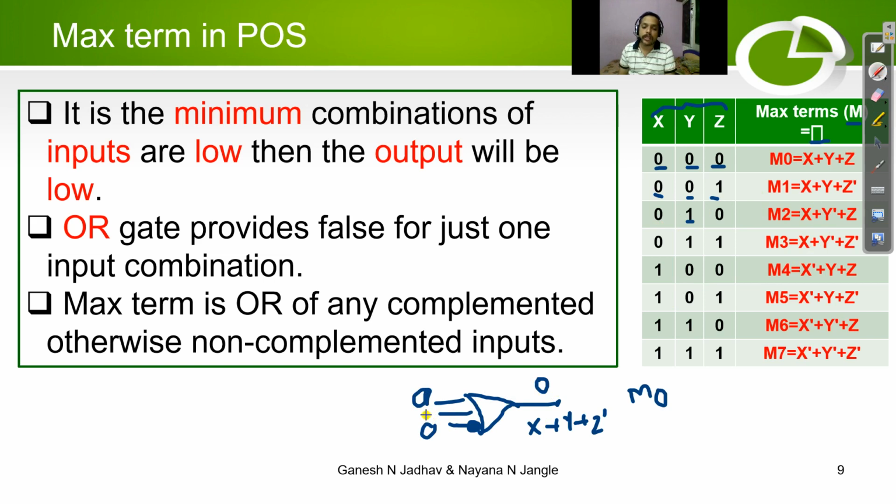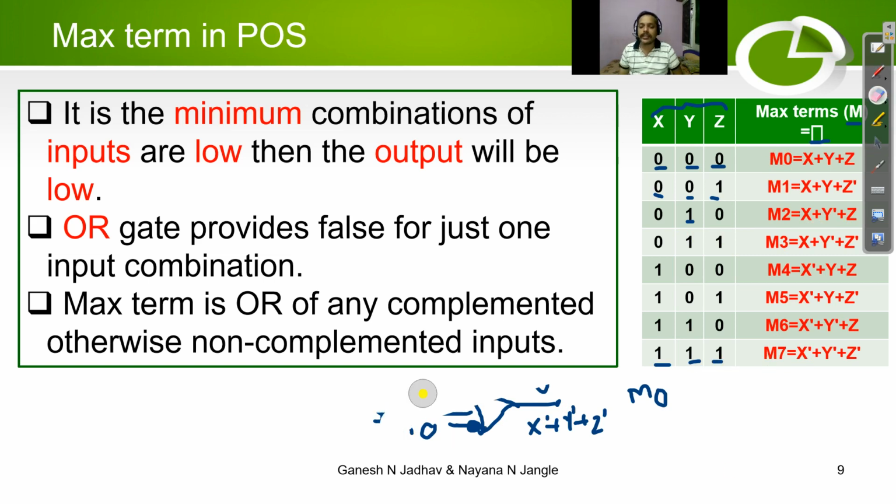To produce the output 0, I have to take the complement of Y, Y dash, so the equation becomes X plus Y dash plus Z. Likewise, from M0 to M7 we can prepare the equations. Here all inputs are 1. When all inputs are 1, 1, 1, we have to take the complement of each input to produce the output 0. Keep in mind, the output must be low in all the cases.